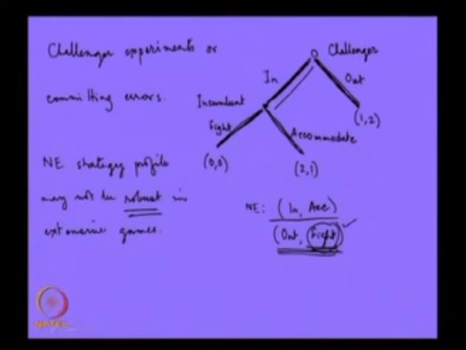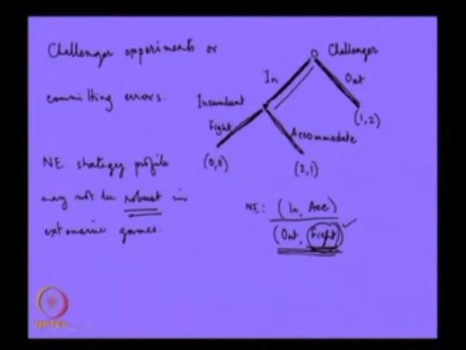But in an extensive game, the things are moving stage by stage, there is no binding agreement here. Here, if the challenger in fact gets in, then truly speaking, it is not optimal for the incumbent to fight with him. So, once in has happened, it is suboptimal for the incumbent to fight. Therefore, this kind of strategy that after in I will fight seems to be an empty threat, it is a non-credible strategy.